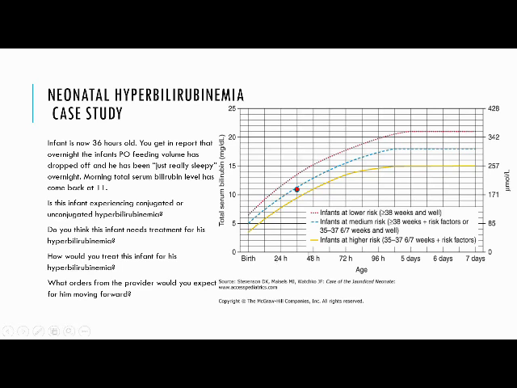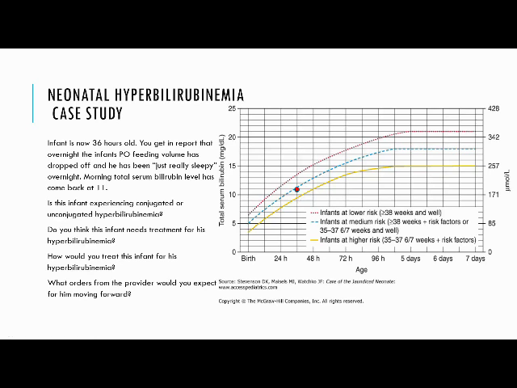Okay, yeah, we should treat this baby because we've got some risk factors. Let's say he's well appearing. We're still right there. I would treat him. It went from 3.8 to 11. So I think he deserves at least a bili blanket.